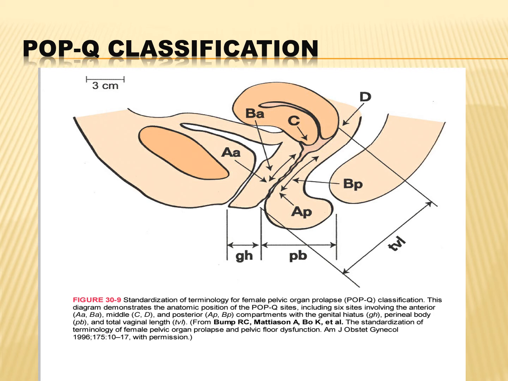As given in the image, one is genital hiatus, which is depicted as GH. The other is perineal body, depicted as PB. And the third one is total vaginal length, TVL. So all together, there are 9 things we are going to discuss in detail.